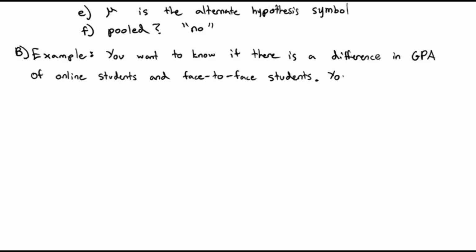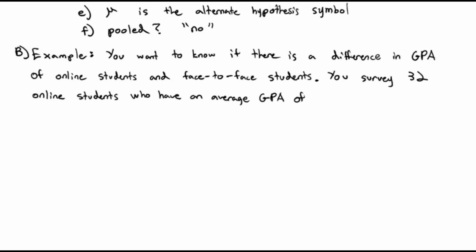So to determine this, you survey 32 online students who have an average GPA of 3.45, with a standard deviation of 0.7.